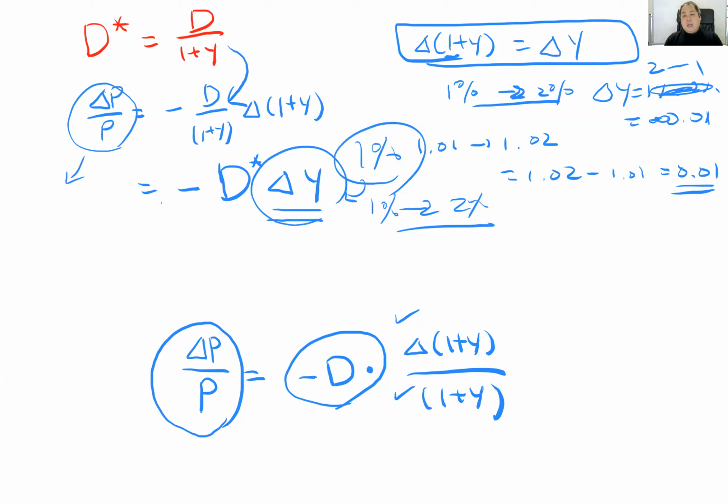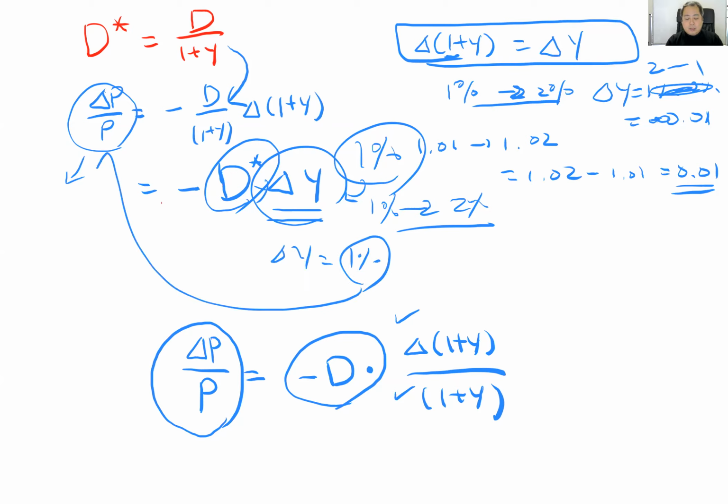So this D star directly represents how much percent the price changes if the interest rate changes, especially by 1 percentage point. If delta y is, say, 1%, then the price change is the price change per 1% change. And this D star is called the modified duration.